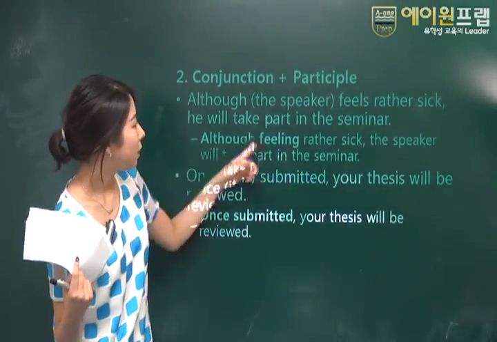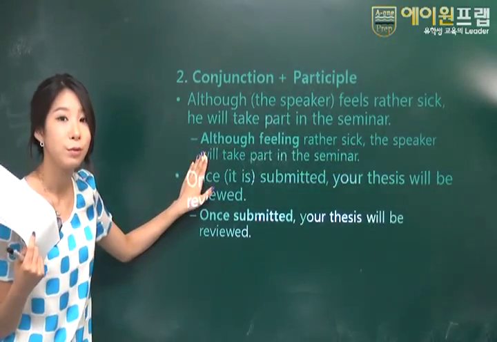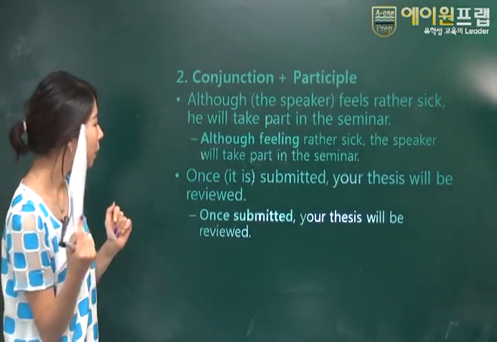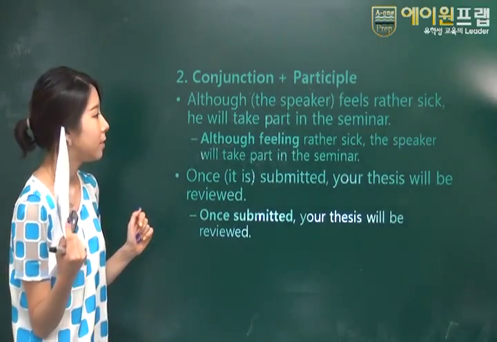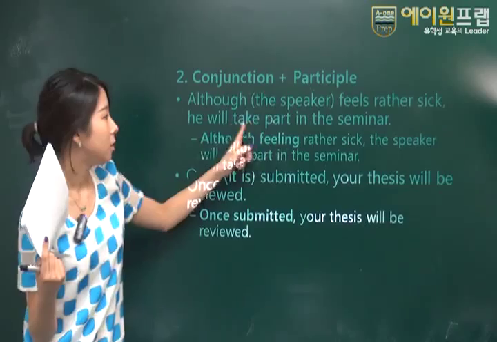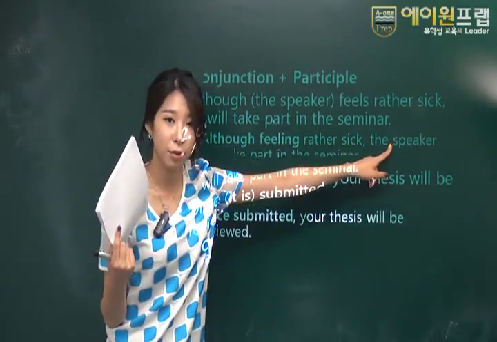And although feeling rather sick, this whole thing is an adverbial phrase, adverbial clause, right? So the speaker will take part in the seminar. It's a good sentence, right? This whole clause is modifying the speaker that follows right after the comma.